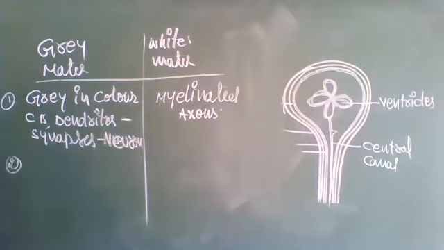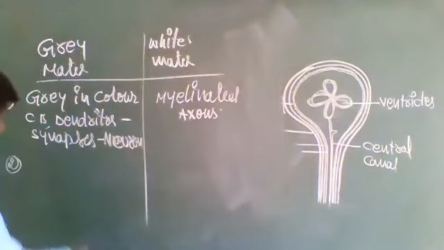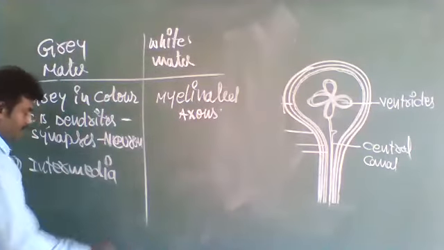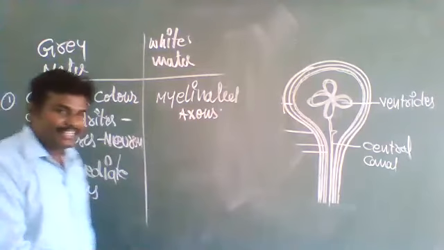Second one, it contains the gray matter region. That means the outer surface of the brain contains numerous intermediate neurons. Intermediate neurons means what? Between motor neurons and sensory neurons, there are mixed neurons. The gray matter region contains numerous intermediate neurons. In the white matter region, numerous axons are present.